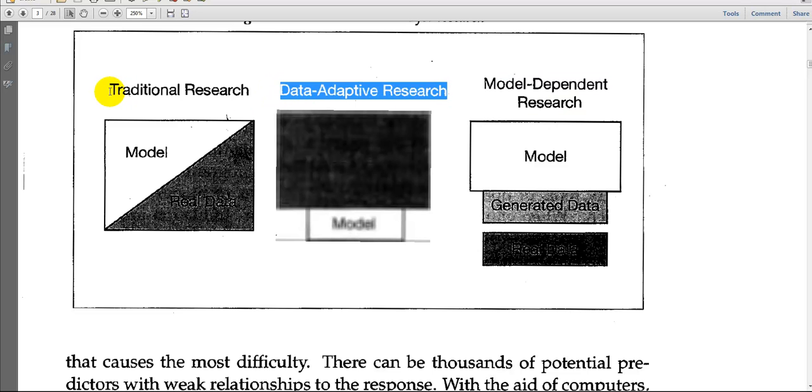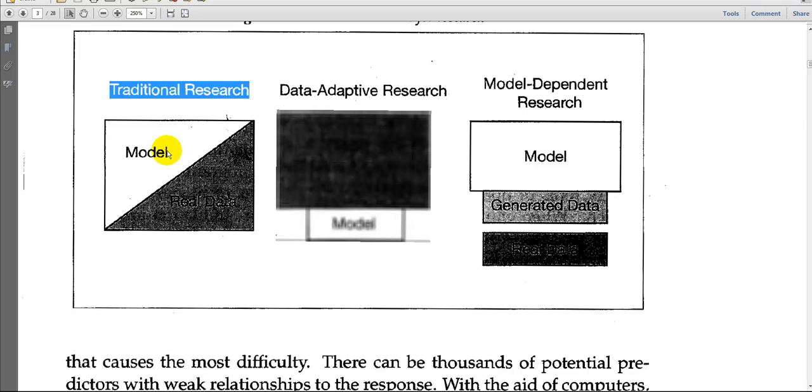So basically traditional research is when you first specify the model. So you think about what are the important characteristics of whatever you're trying to deal with. If it's the Japanese economy, you might think about different things in the Japanese economy that are important. If it's a business, you might think about different things that are important in the business and try to develop some kind of model.